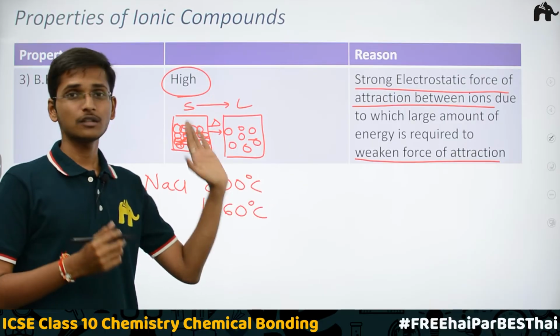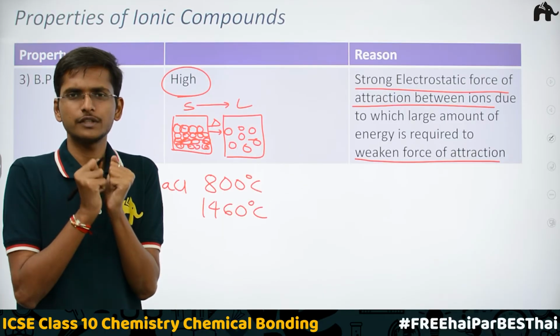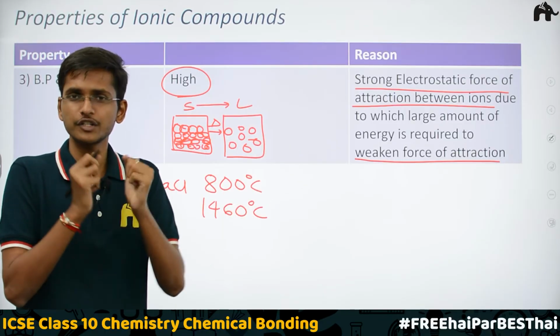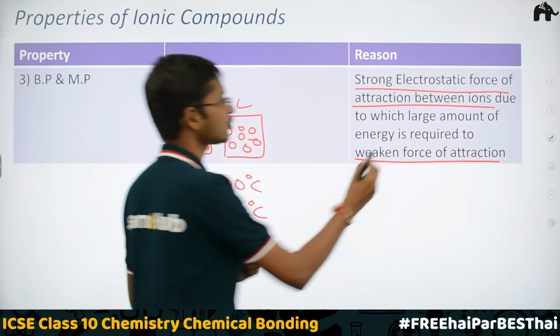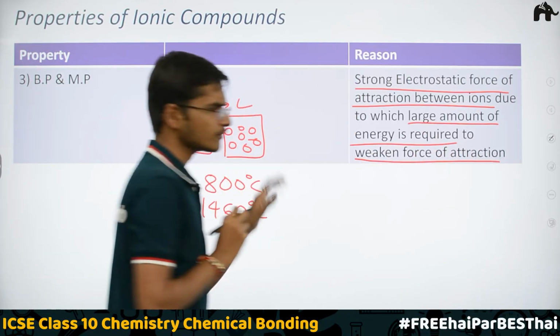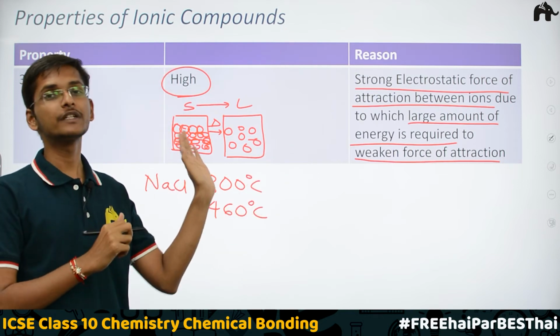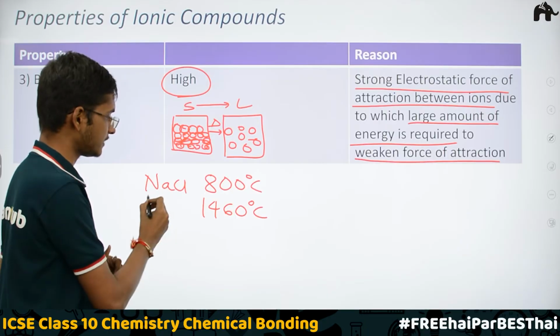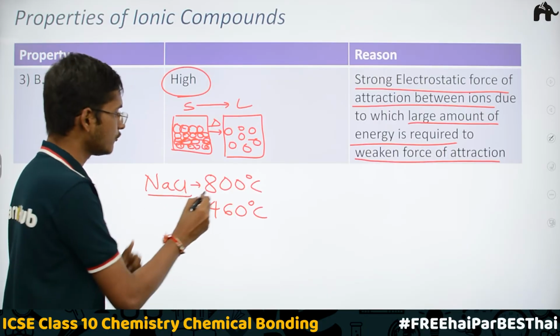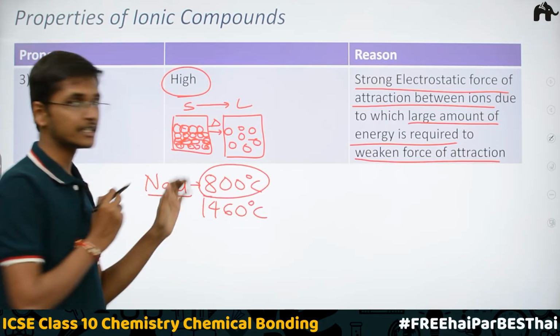Here the force of attraction is very strong, so a large amount of energy is required. This means we have to heat it to higher temperatures. In the case of NaCl, we have to heat it till 800 degrees centigrade.